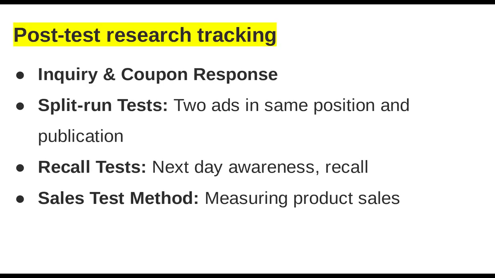Okay, so this is basically like post testing research. Most companies, most big ad agencies, tend to do this post study once they launch a brand, or launch ads for a brand.